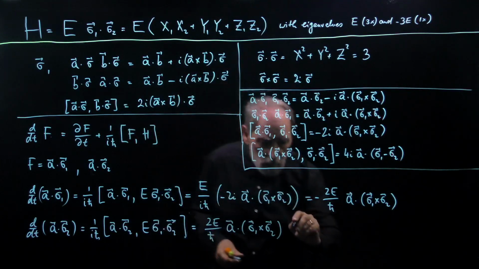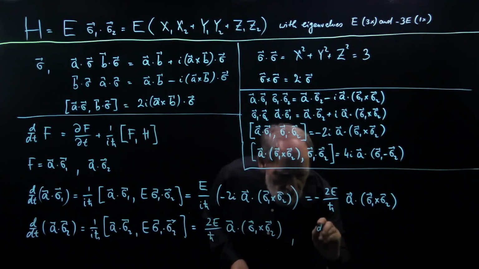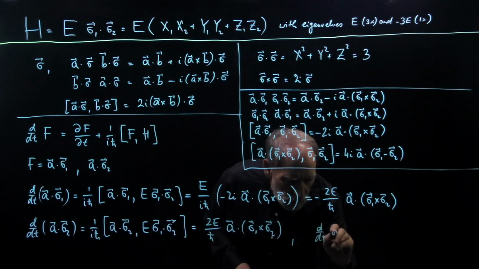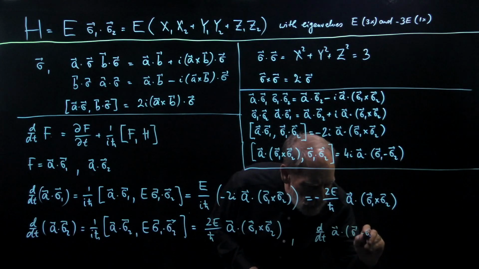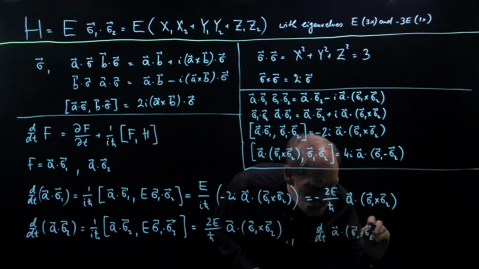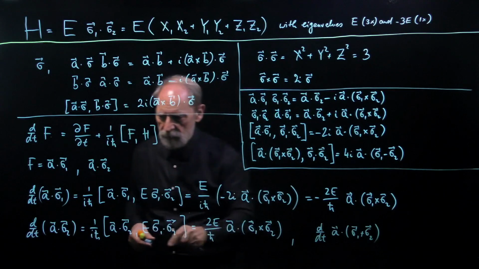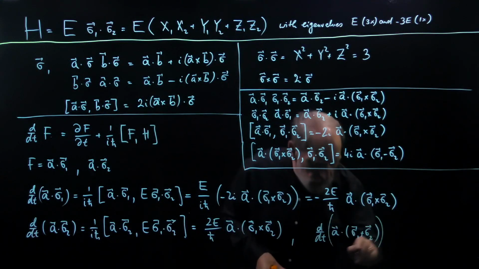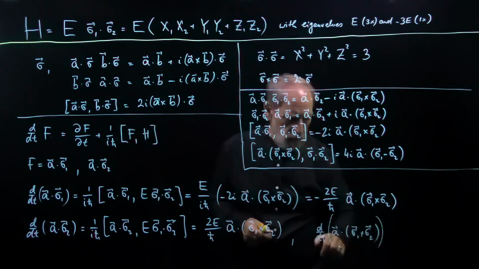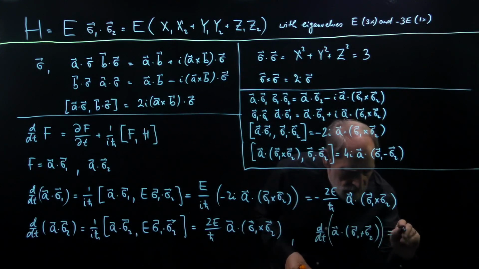From here we see immediately that the time derivative of a component of the sum of sigma 1 and sigma 2, which is adding these two expressions, is 0.